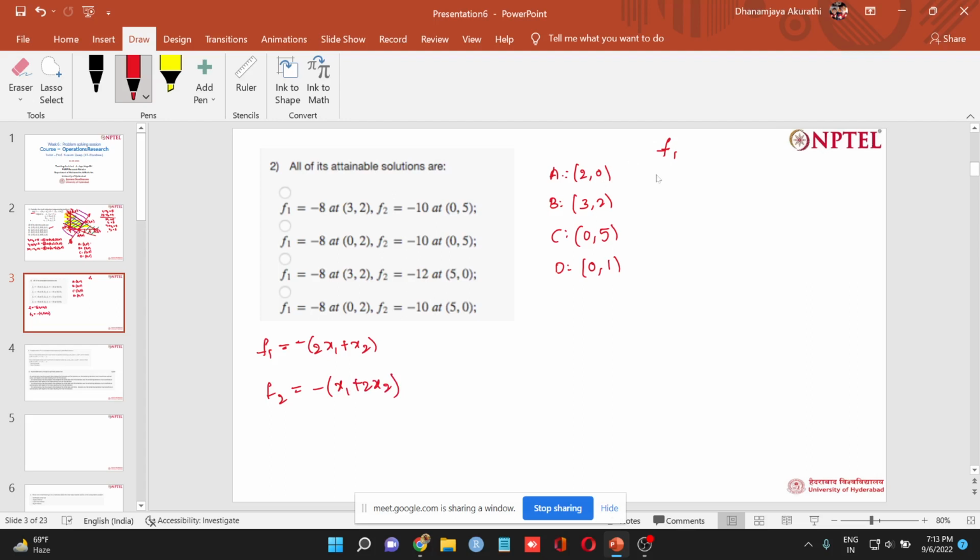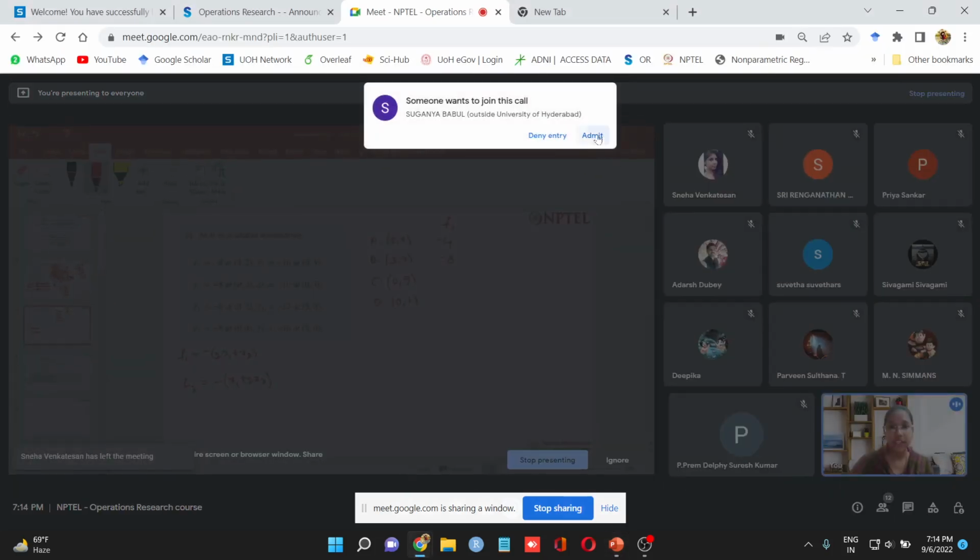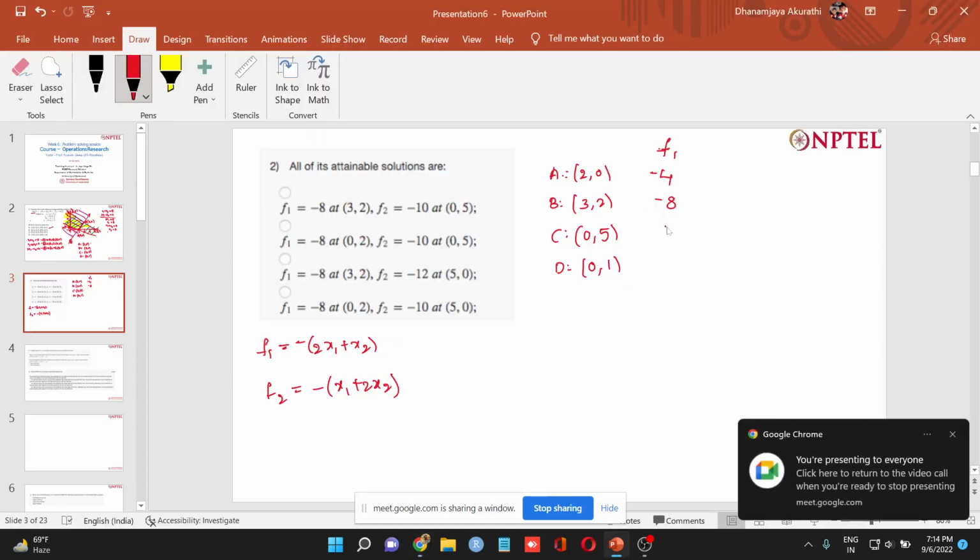If you substitute these in f1, we can get an objective function value, that is minus 4 here. At the point B, 6 plus 2, 8, minus 8. At C, minus 5, and here it is minus 1, right?